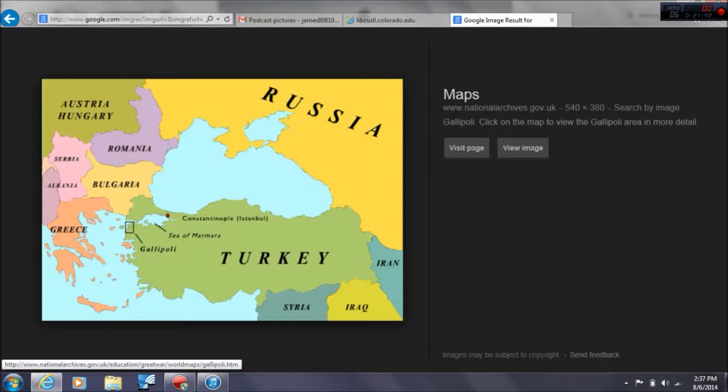But again, because of the bad blood between Serbia and Bulgaria, the Allies couldn't get the Serbians to agree to what the Bulgarians wanted, so they weren't able to deliver on this.